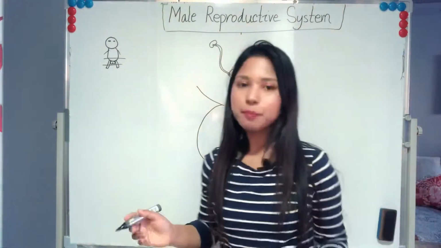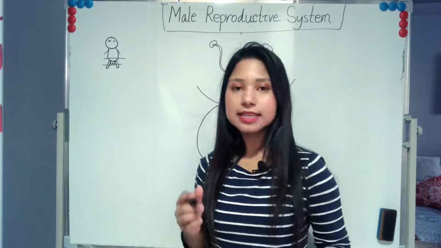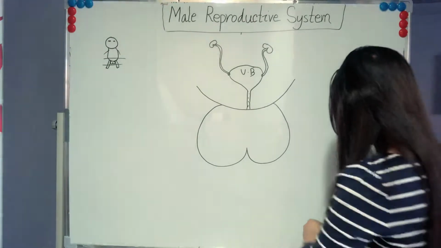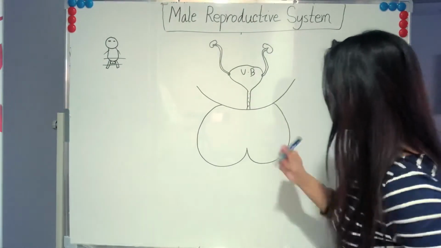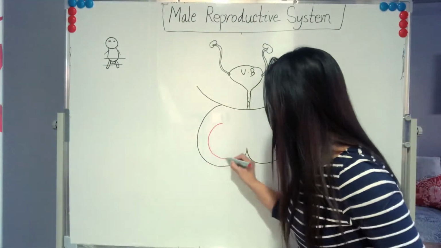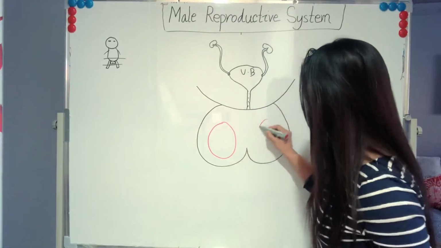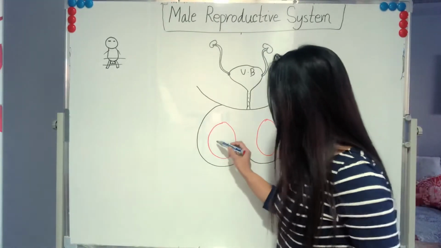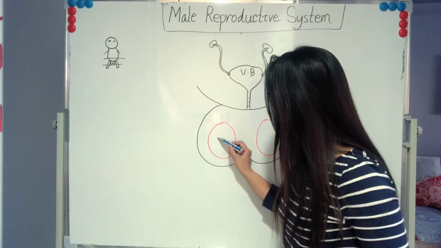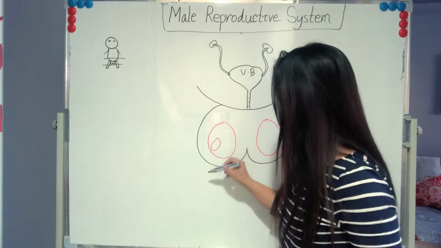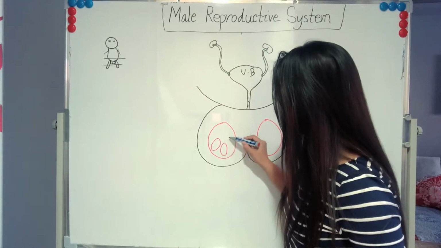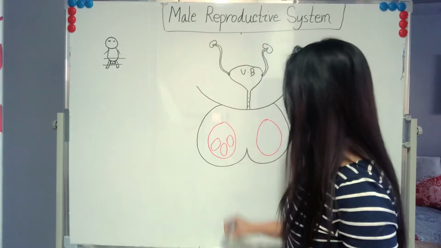Scrotum is a pouch-like structure or skin sac that holds testes. Now let's make testes. One, two oval shaped testes. Inside the testes some lobules are present, around 250. So these are testicular lobules.